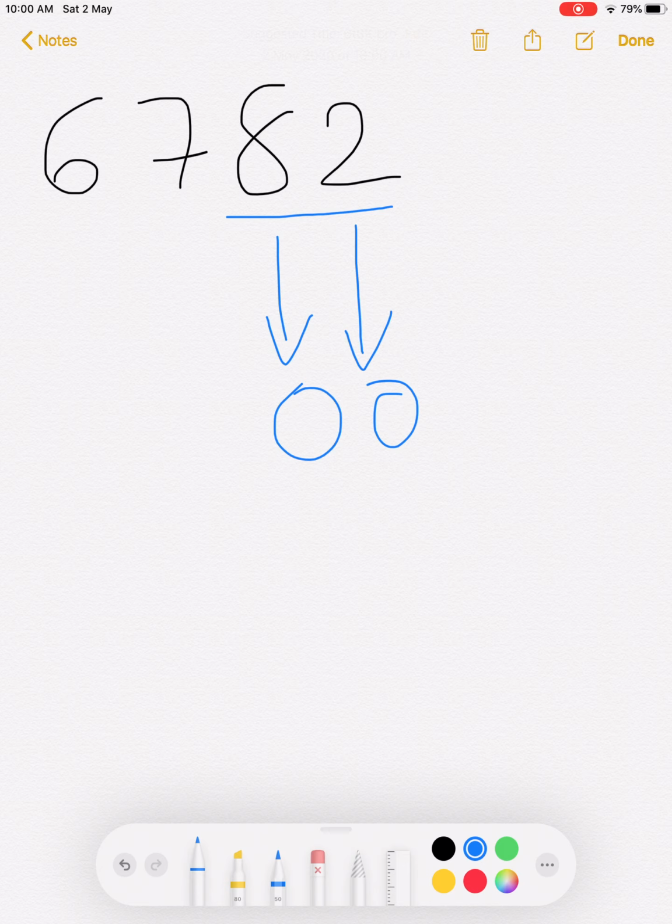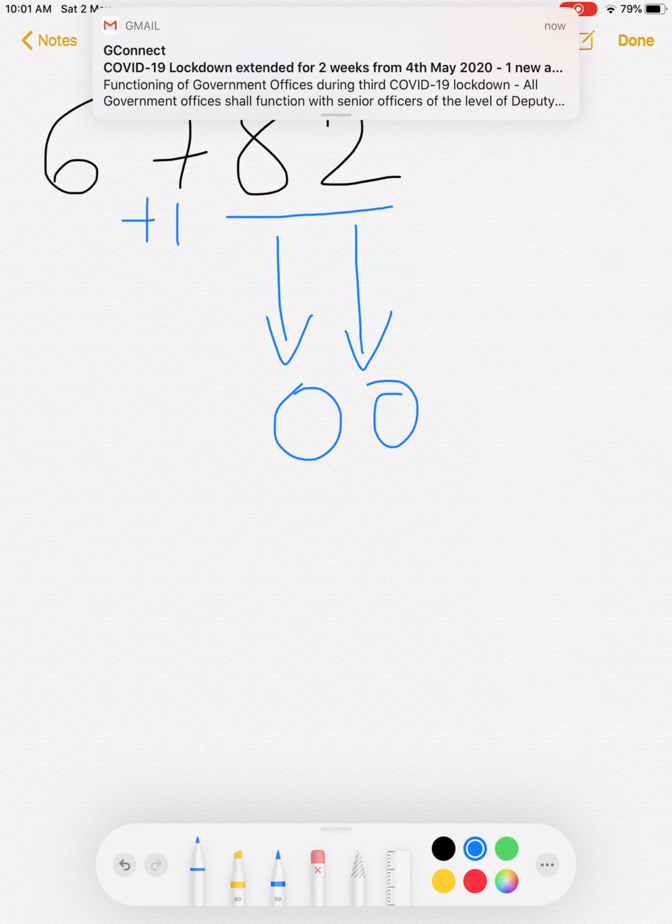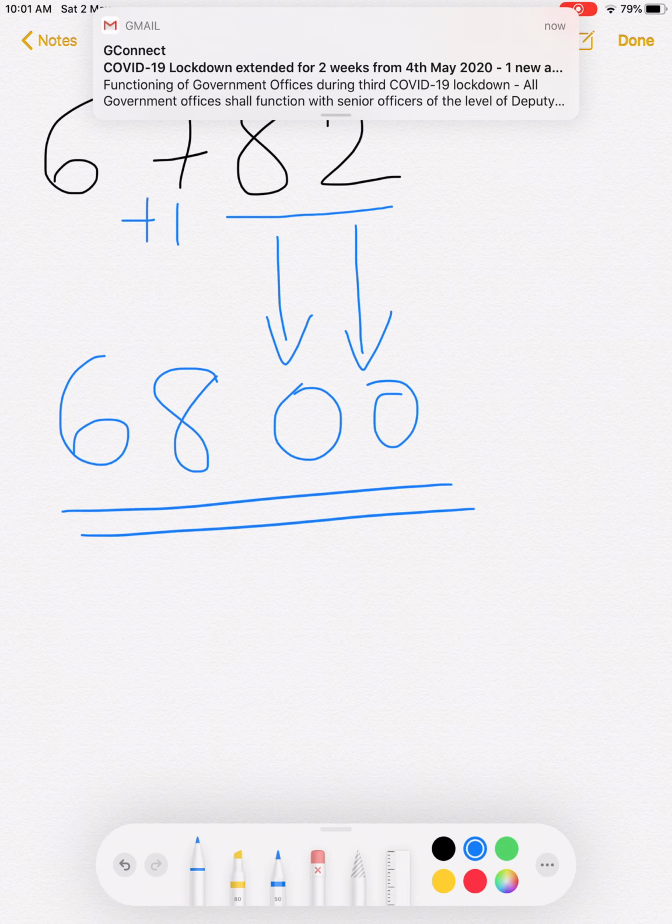In whichever place we are rounding off, in that place we give the addition. Here we are rounding off to the nearest 100, so we add 1 to the 100th place. So 7 plus 1 is 8, and 6. See here, this is the round off.